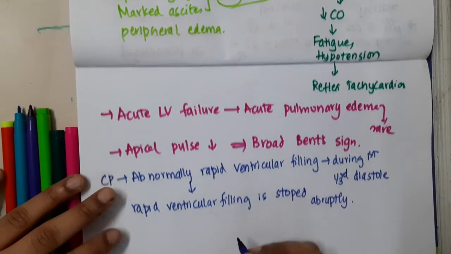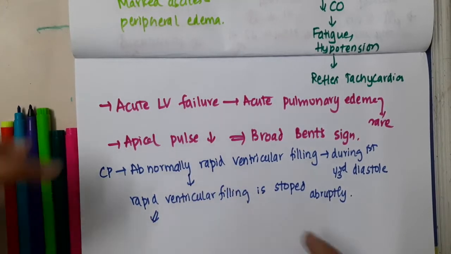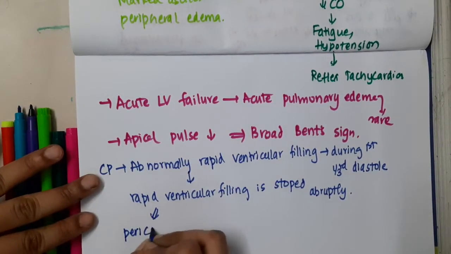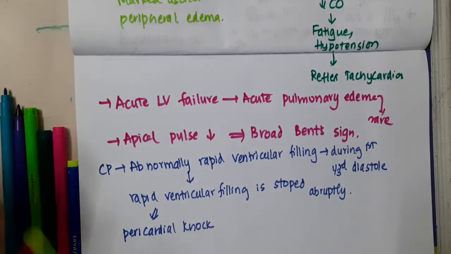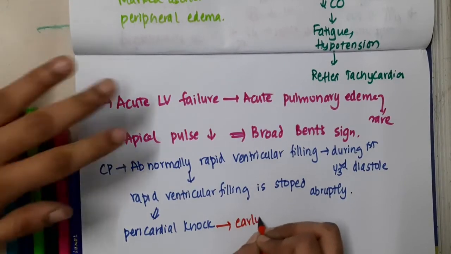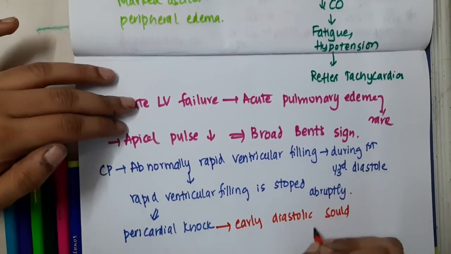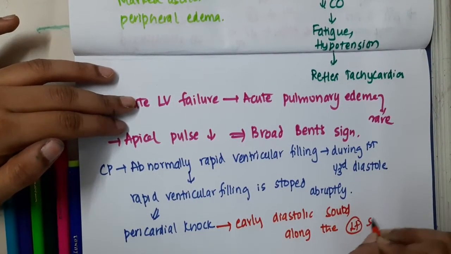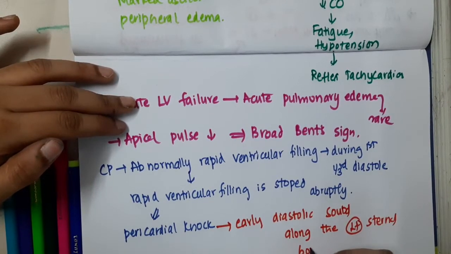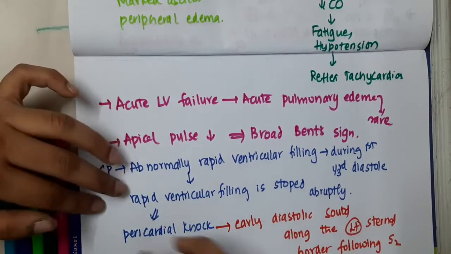This is due to the rigid pericardium, and this abrupt stopping of ventricular filling results in production of the pericardial knock. What is this pericardial knock? It is an early diastolic sound heard along the left sternal border following S2.